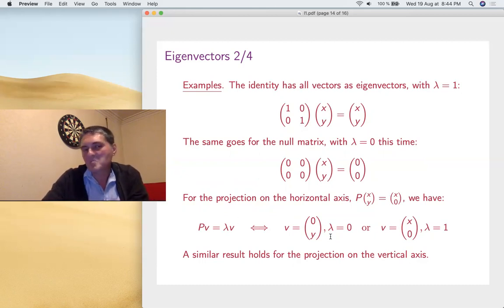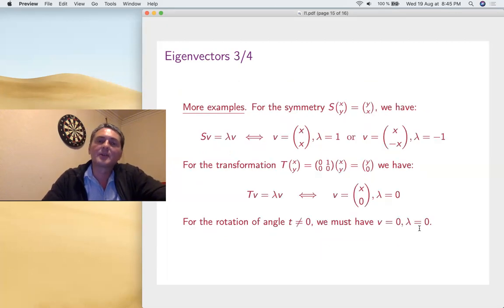So either lambda is 0, then your vector must be like this, or lambda different from 0. Lambda different from 0 means that y is 0, and then lambda must be 1. So you see we have different things here. The null and the identity have only one eigenvalue, while this one has 2 different eigenvectors.